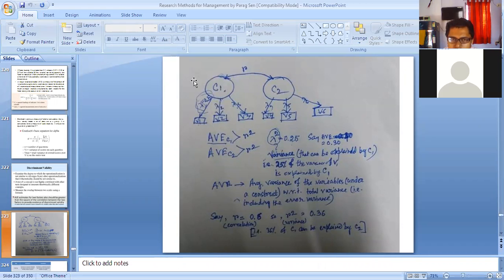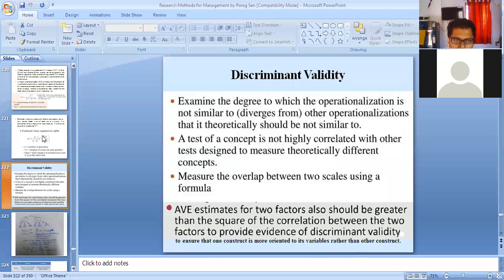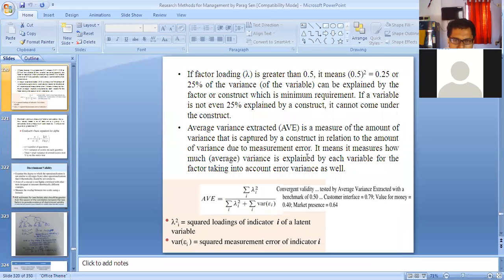More variance can be explained by this. So that is one problem. The average variance extracted should be greater than the r square. That's why the concept of average variance extracted has come.